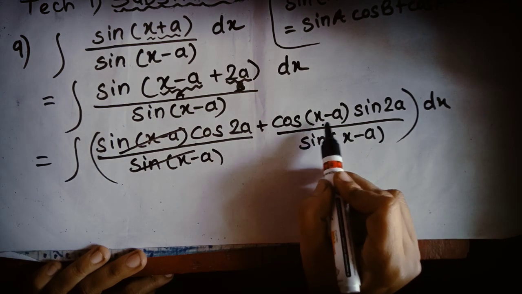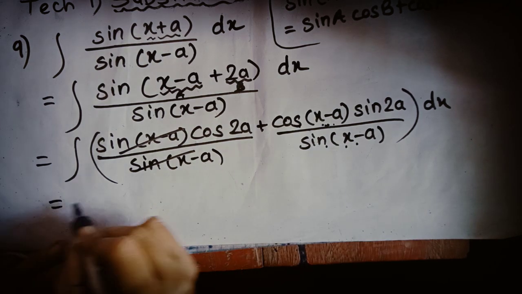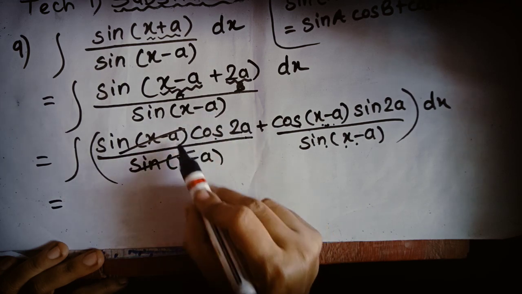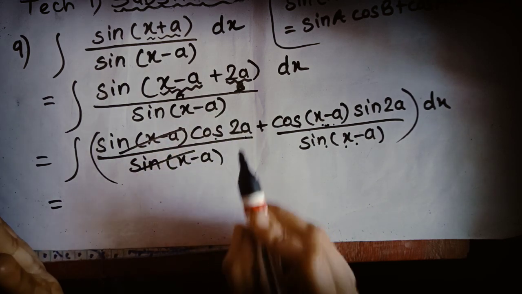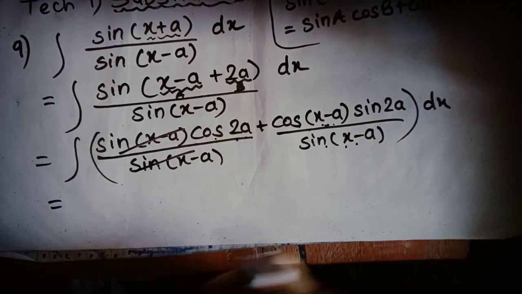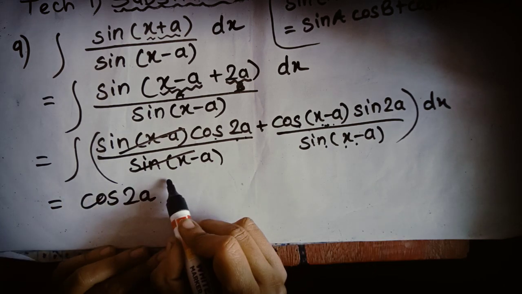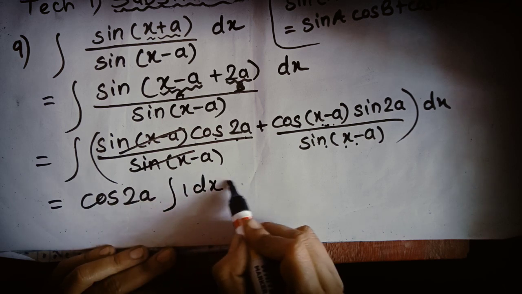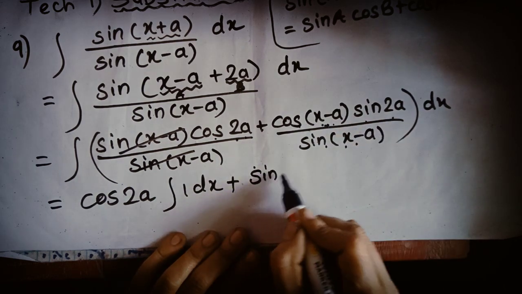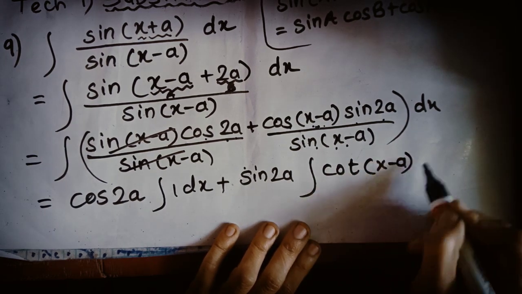And here I can write it as cos upon sin. The angles are the same, so this is cot. So the integral of cos 2a, now this is independent of x, it is not a function of x, so you can take this outside, it becomes a constant, integral 1 dx, plus again sin 2a is a constant, so you can take it outside, integral cot of x minus a dx.